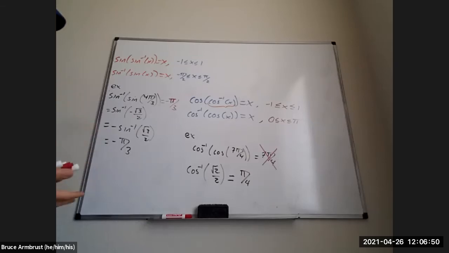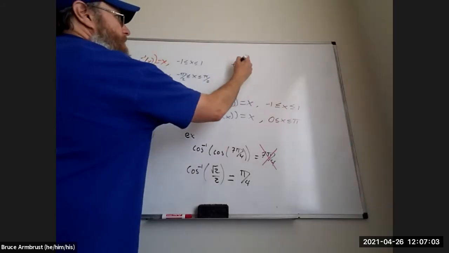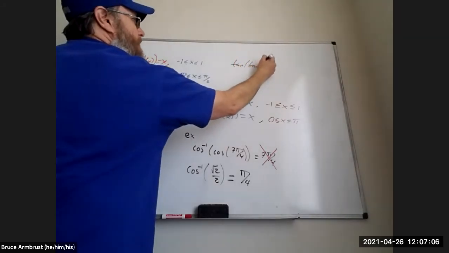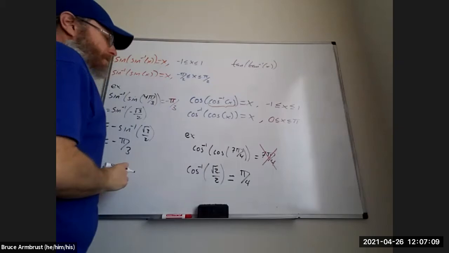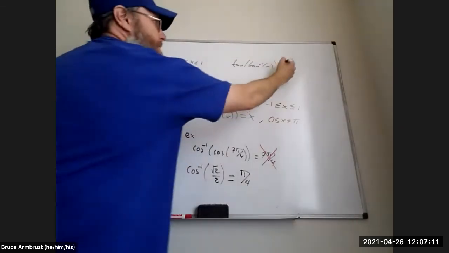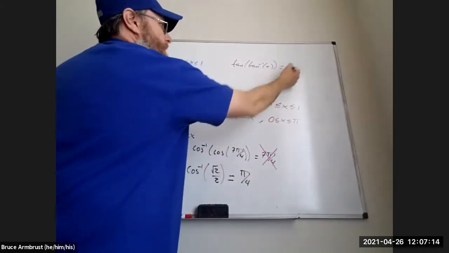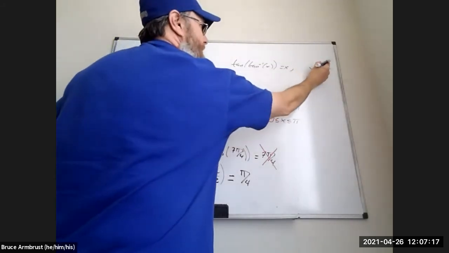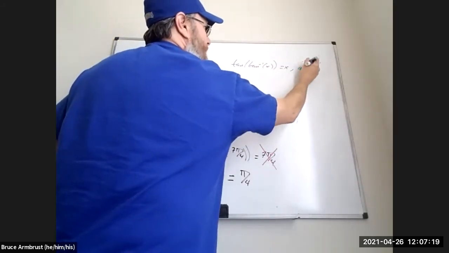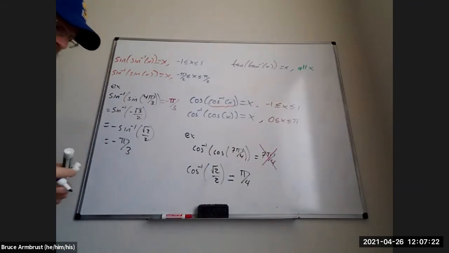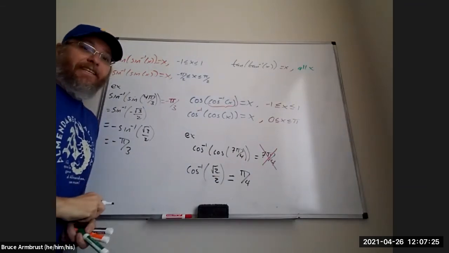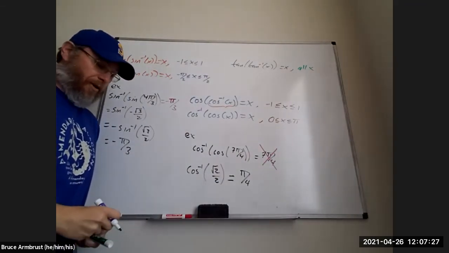And then lastly, for tangent, it's very similar, as I'm sure it's not going to surprise any of you. If we look at the one for tangent, the tangent of tangent inverse of x equals x. And this one is nice. It works for all x, because the domain of inverse tangent was all real numbers anyway.